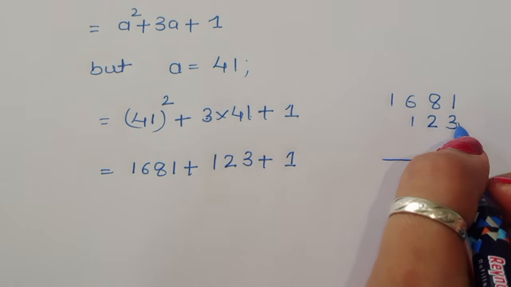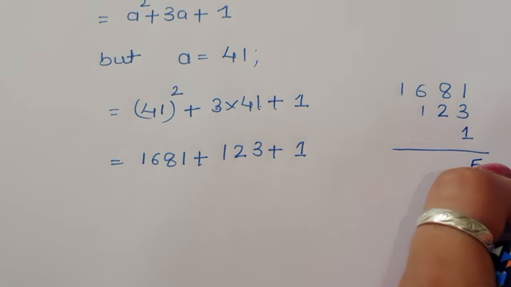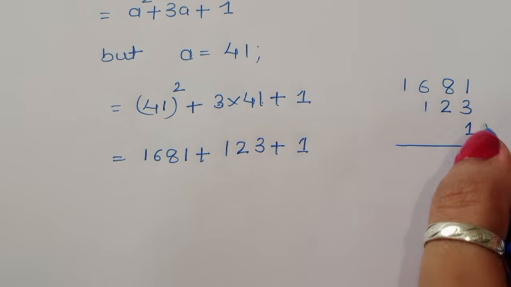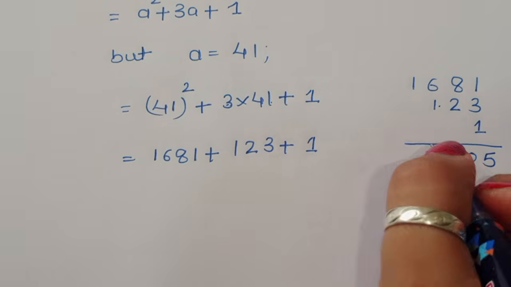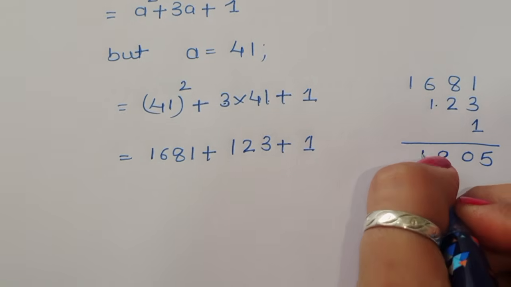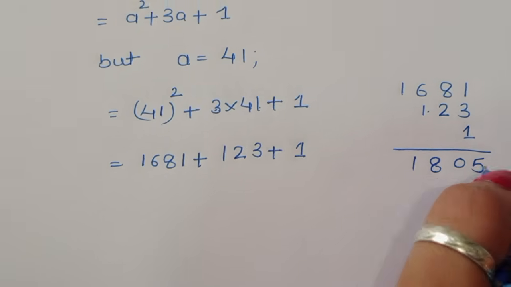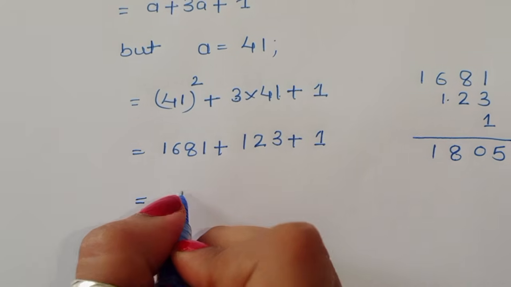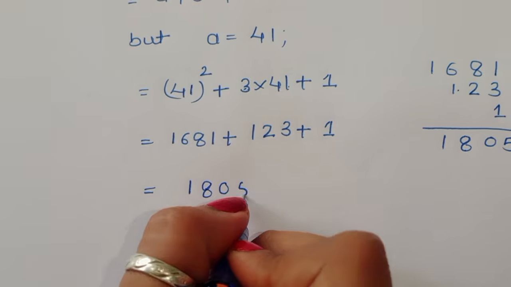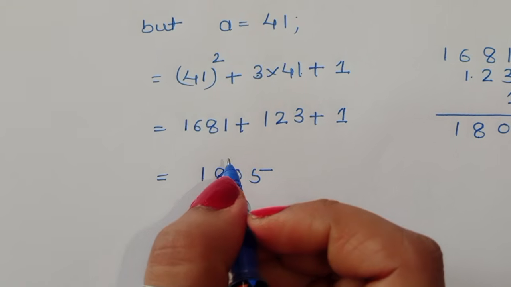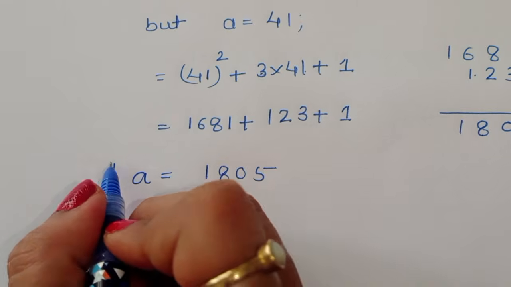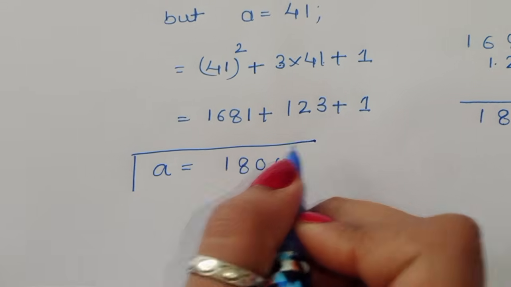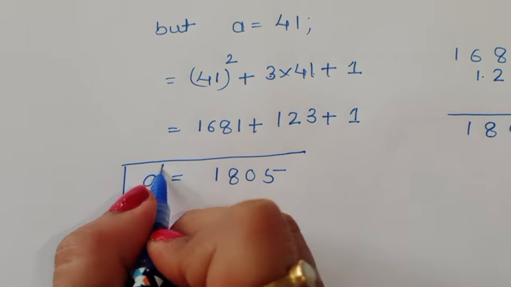So 3 plus 1 is 4, plus 1 is 5, 8 plus 2 is 10, 0, and here 6 plus 1 is 7, plus 1 is 8, and here 1. So the value is 1805. This is the value of the whole term.